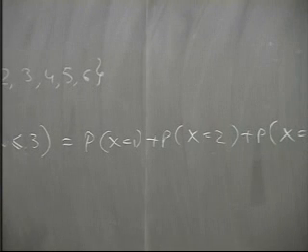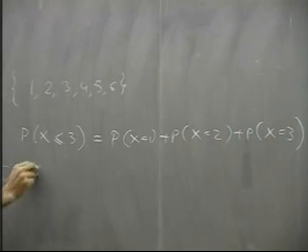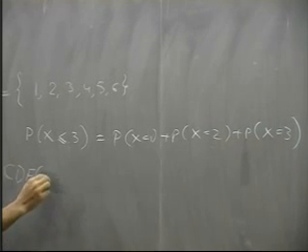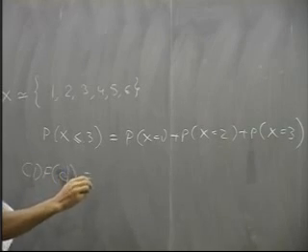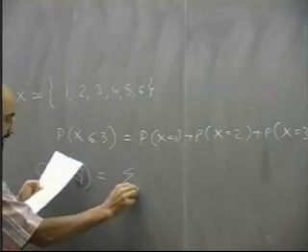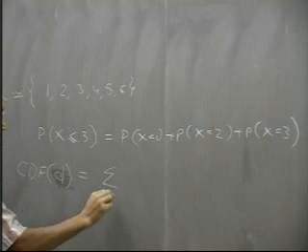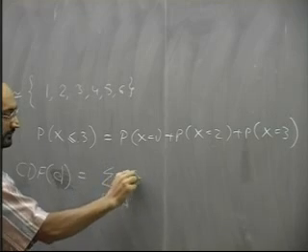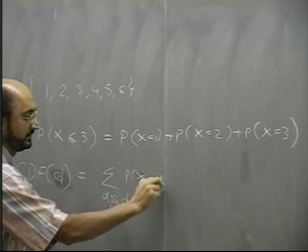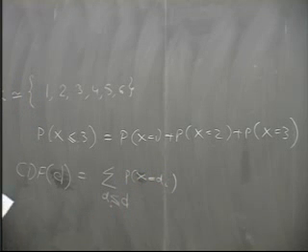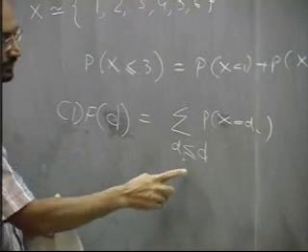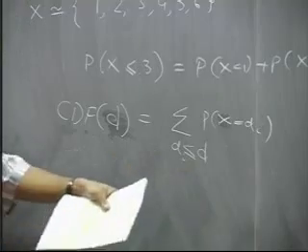And so generally speaking, I can define the CDF of x. The CDF at some value d is basically the sum over d_i less than or equal to d of P(x = d_i). So the cumulative density function at the value d is just the sum of the probabilities of all the points less than or equal to d in the total ordering.